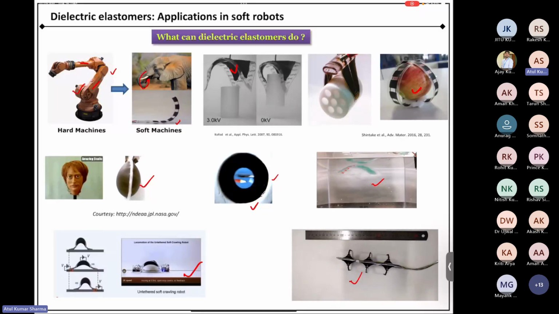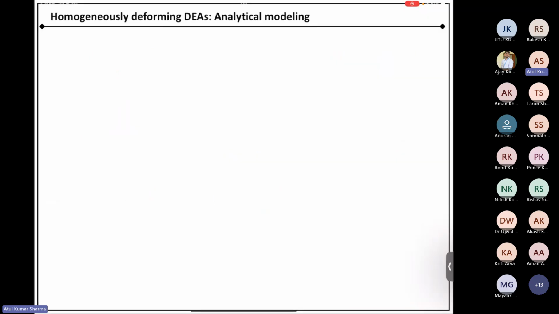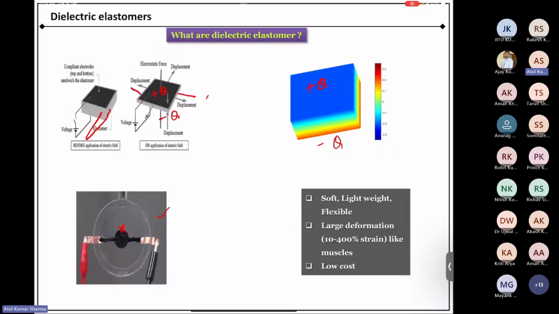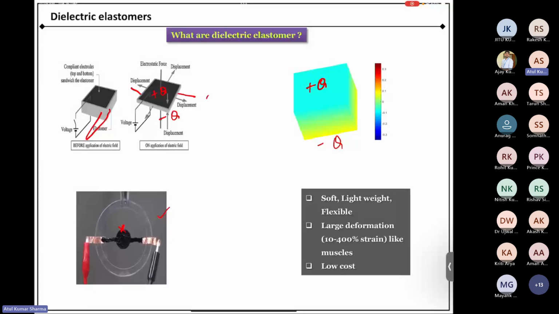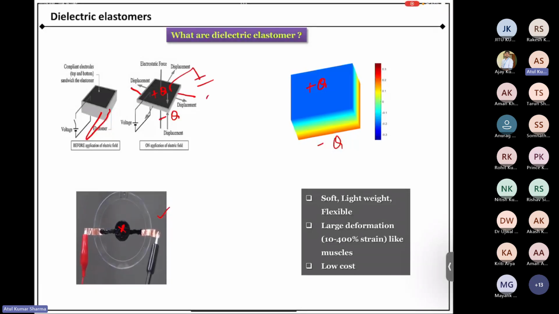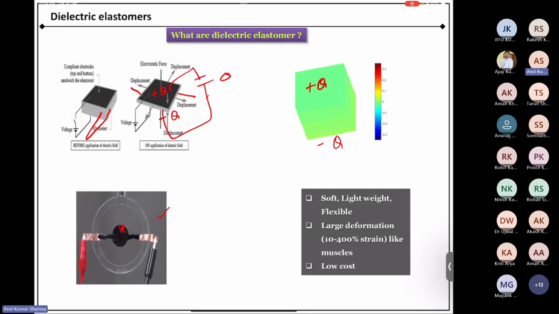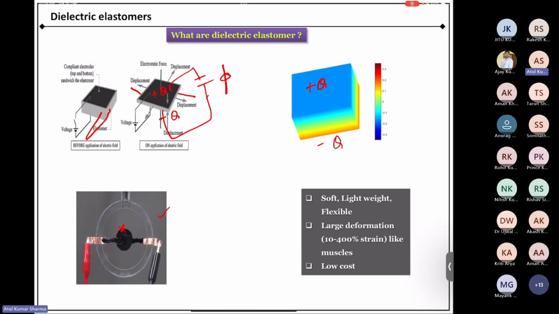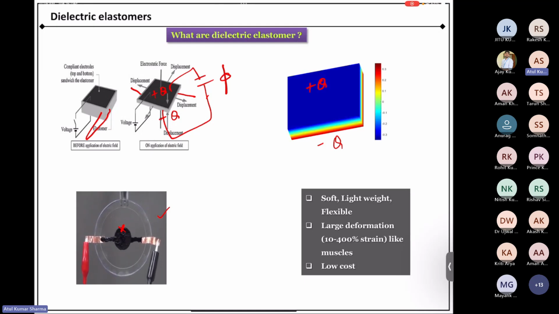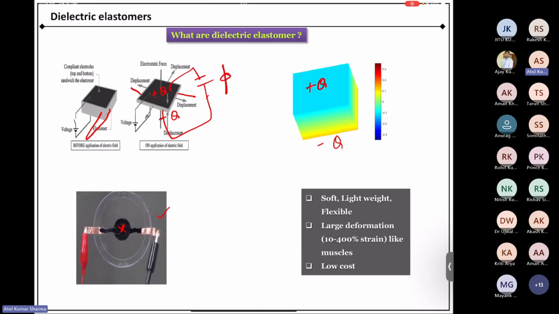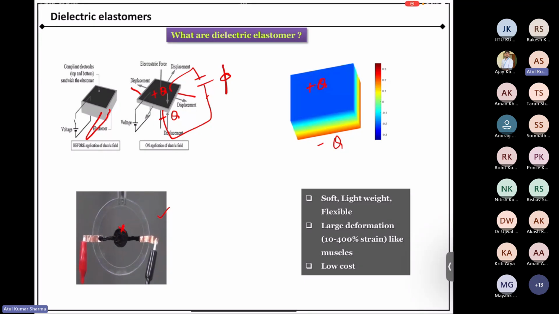I will be talking about a very simple energy-based modeling approach for deriving the governing equation for dielectric elastomers. In particular, I'm interested in deriving the relationship between the applied potential difference, phi, and the corresponding contraction or expansion of this film.